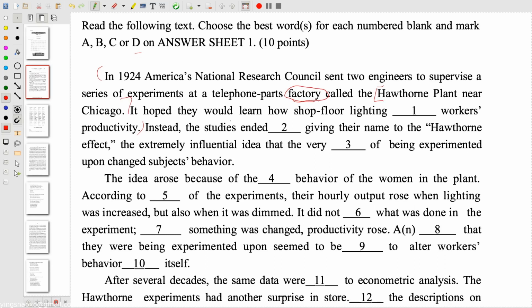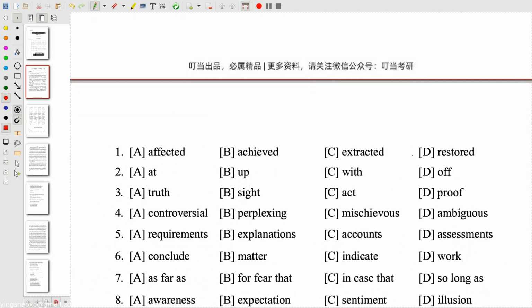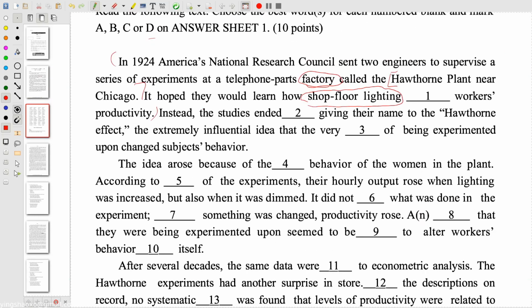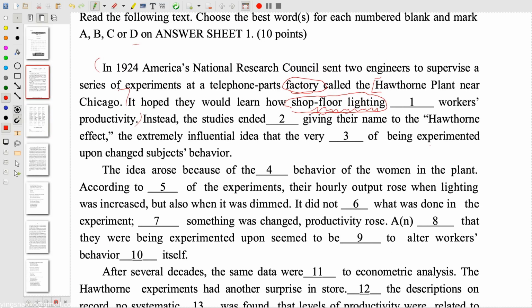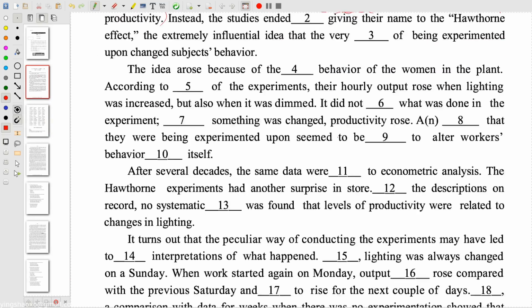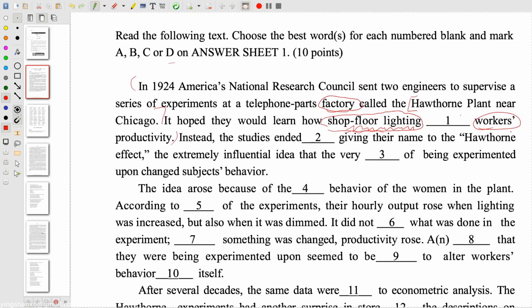It hoped they would know how shop floor lighting affected workers' productivity. So for this case, let's say it probably would be affected. So this one must be the effect. So I'll choose answer A.